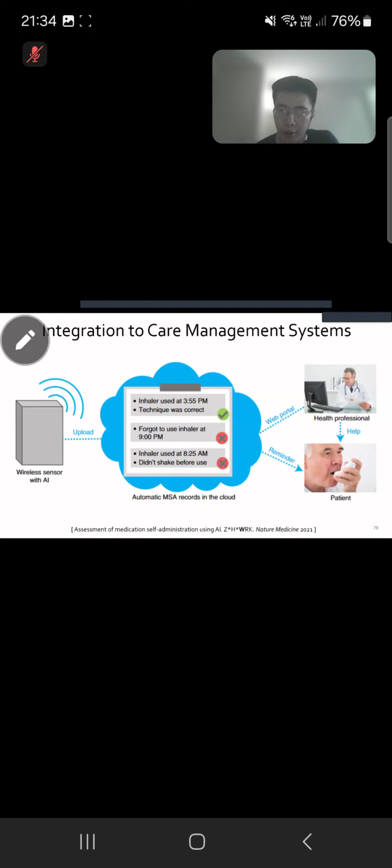And in addition, the cloud can also automatically send reminders to the patients to improve their techniques as well, in the cases where the patients forgot to take the medicine or performed some steps incorrectly. So you can see that Bayesian deep learning can improve both performance and interpretability.